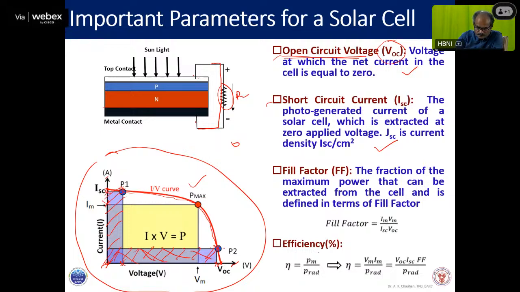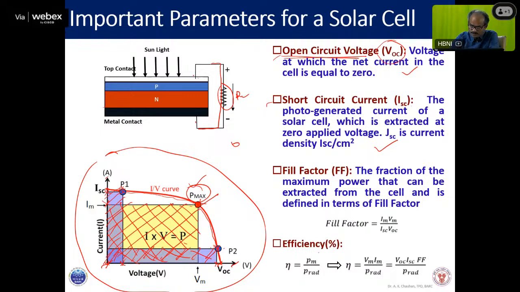I will find a point, which we call the P max point, which gives me the maximum area under this curve. So this is the power. We want to always operate our solar cell at this point.